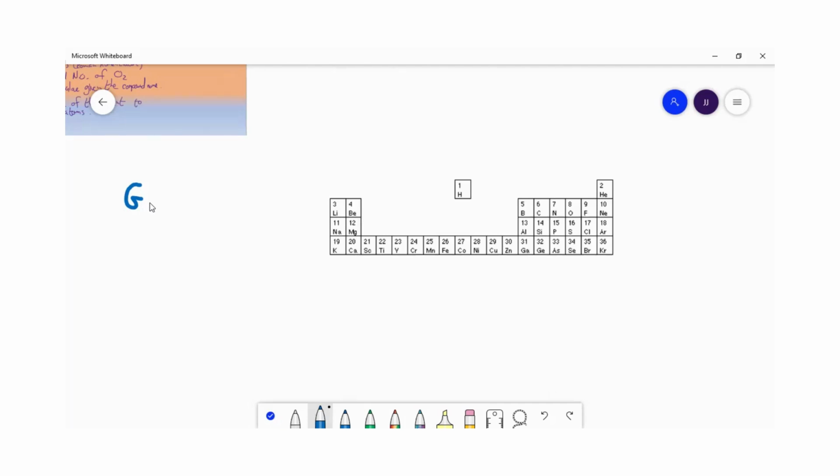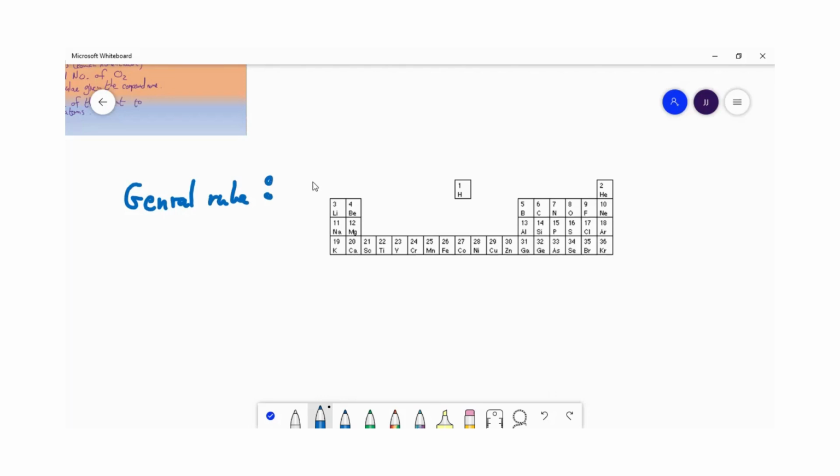From that, we can explain why our metals and our non-metals form their anions and cations respectively.